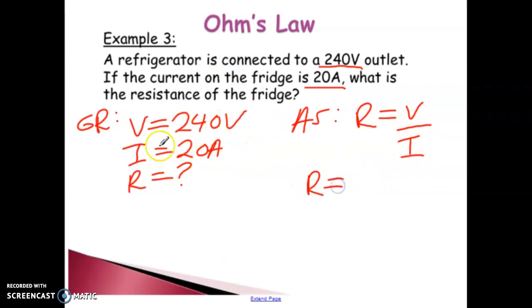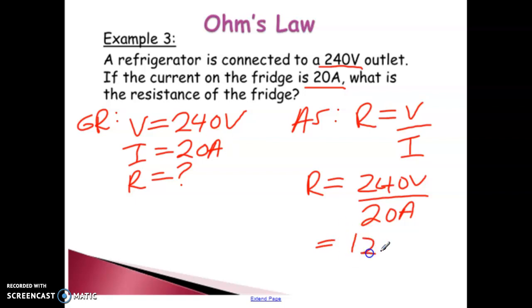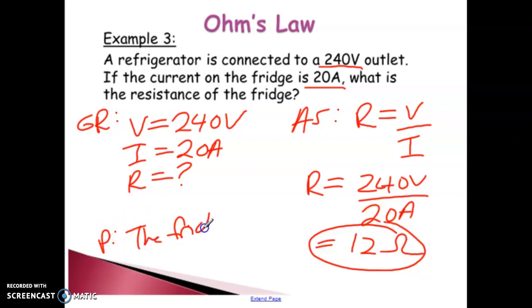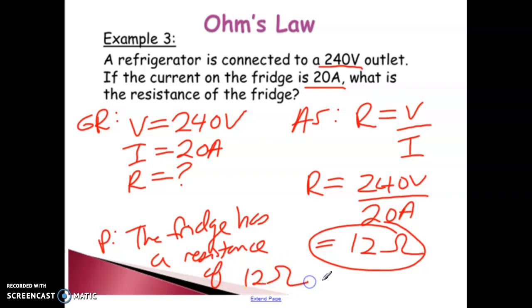You will always have 3 out of the 4 things, so you're only ever solving for one thing. So 240 volts divided by 20 amps is 12 ohms. Remember the unit. So our paraphrase: the fridge has a resistance of 12 ohms.